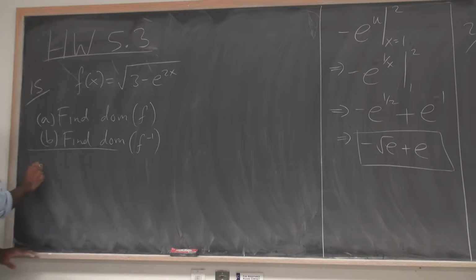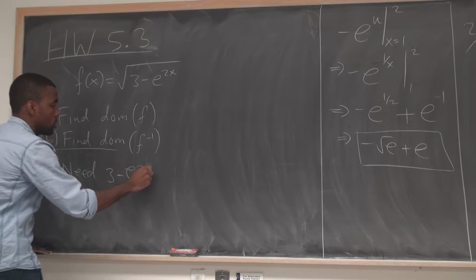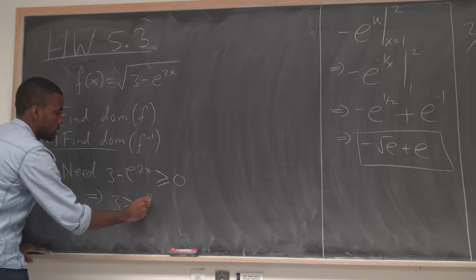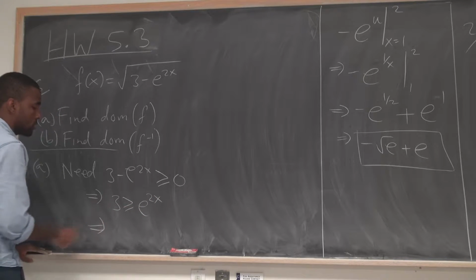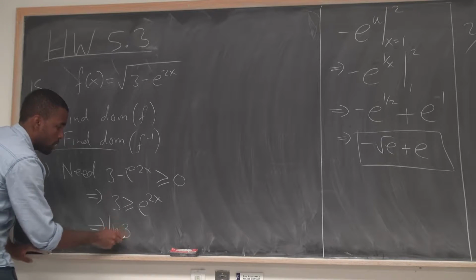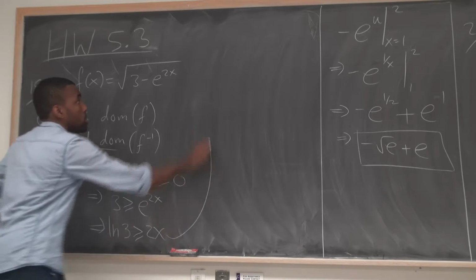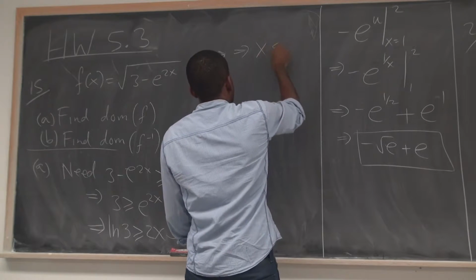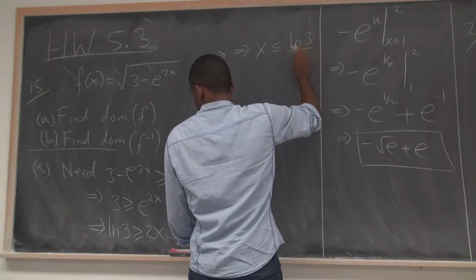Okay, so what's the domain of f? What do you have to do for a square root to work? You need 3 minus e to the 2x to be greater than or equal to 0, which means you need 3 to be greater than or equal to e to the 2x, which means ln of 3 must be greater than or equal to 2x, so x must be less than or equal to ln of 3 over 2.